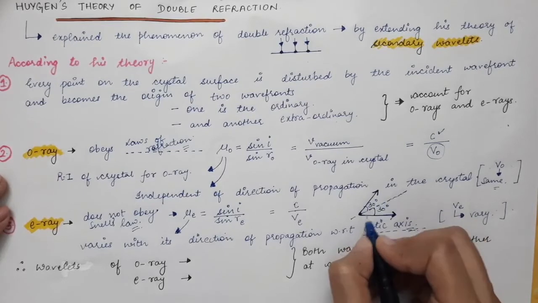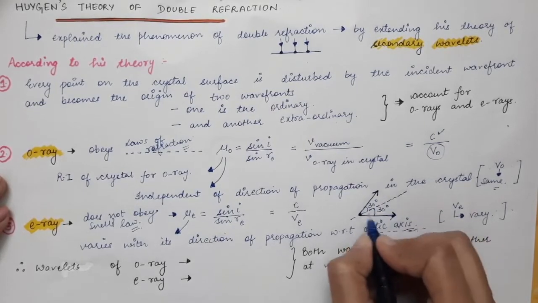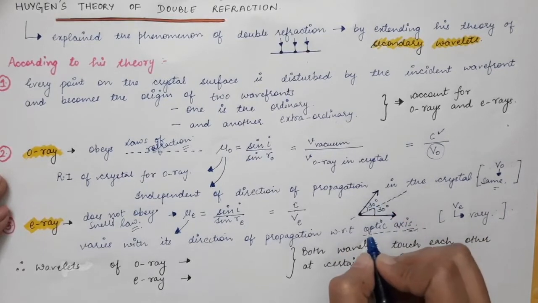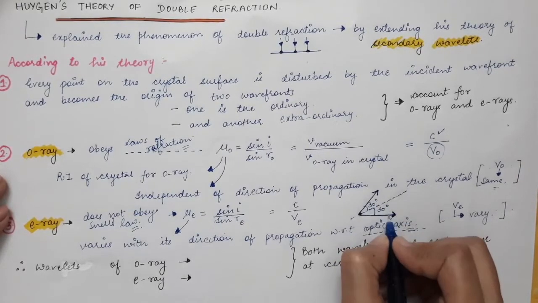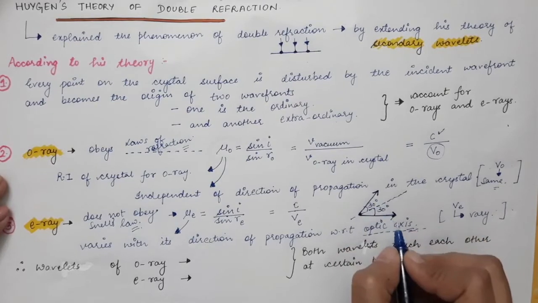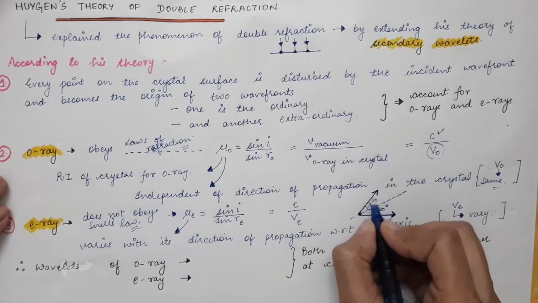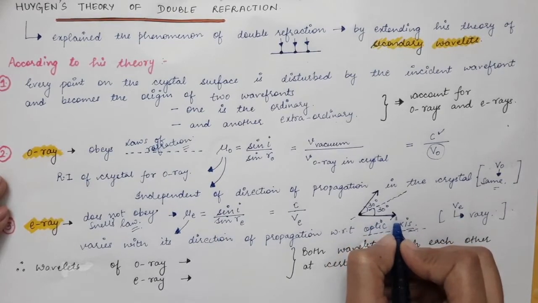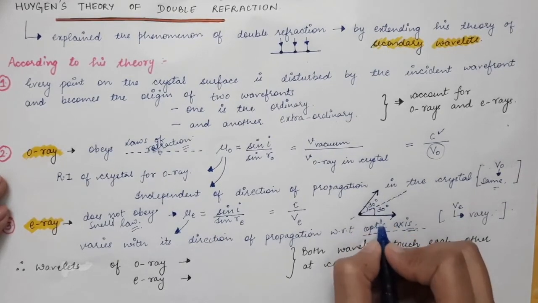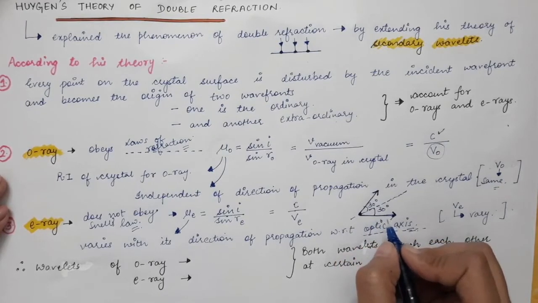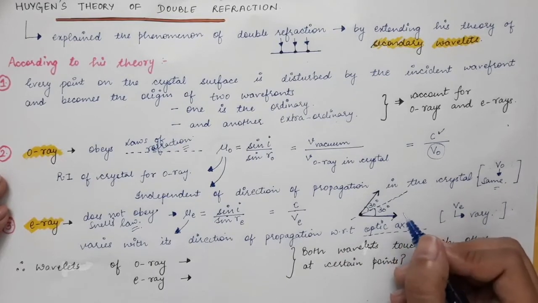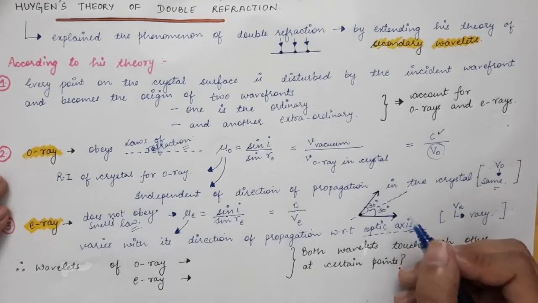If the E-rays make equal angles with the optic axis, the properties experienced by these two E-rays will remain the same. So this is what we mean by the crystal being symmetrical about the optic axis.